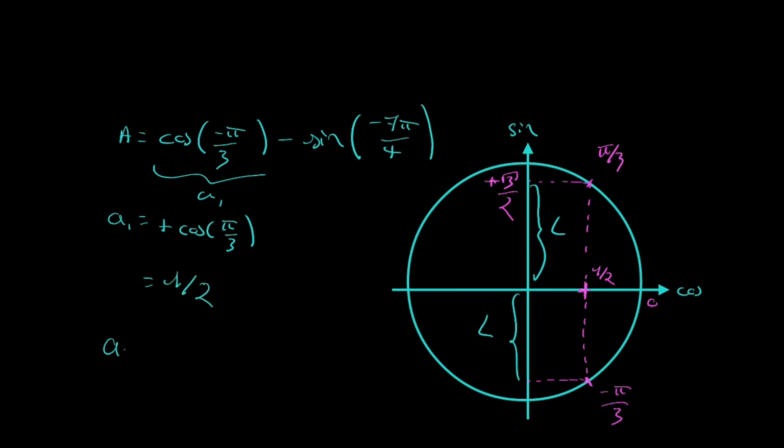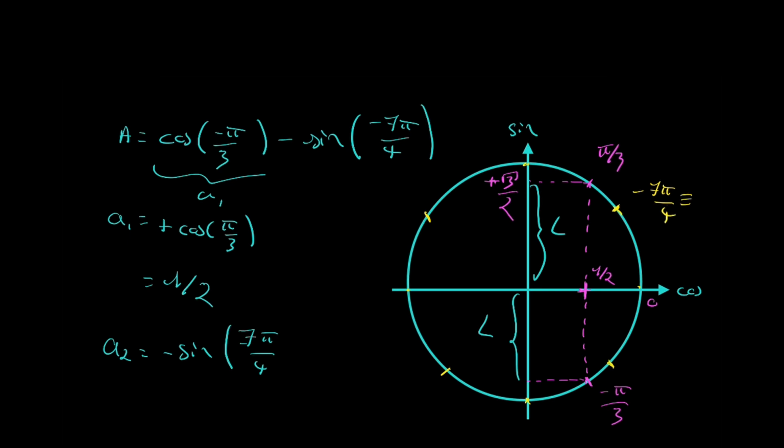And for A2, which is equal to minus sine of 7 pi over 4, we have to locate the angle. So we go from 0, the pi over 4 multiples can be found on these places.